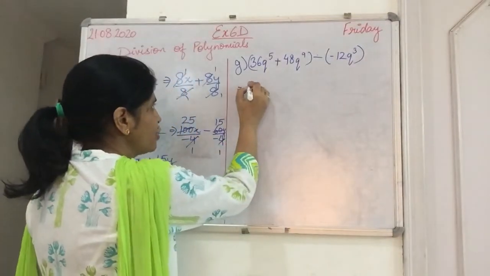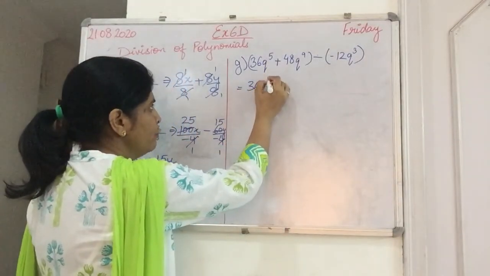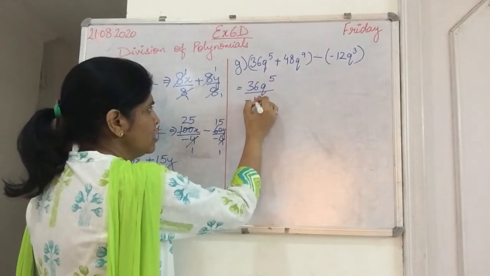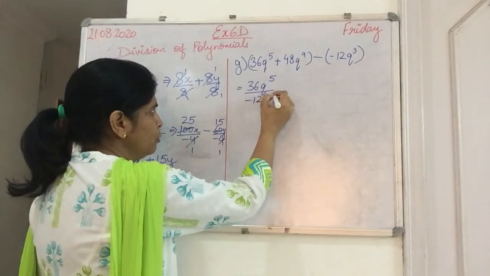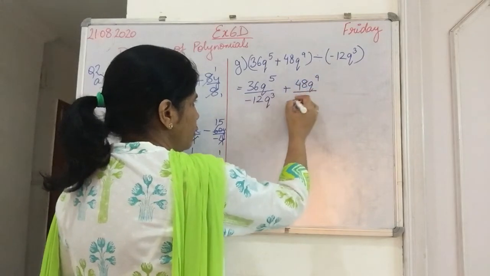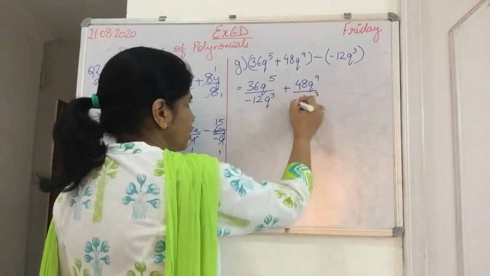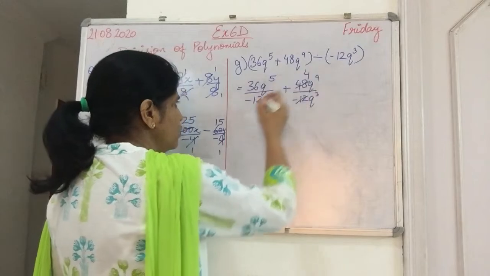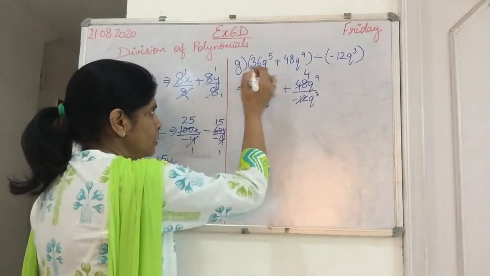So we write it in fractional form: 36q^5 upon minus 12q^3 plus 48q^9 upon minus 12q^3. Now 12 4s are 48, 12 3s are 36.